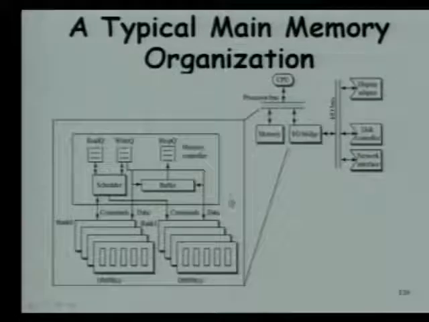And we had said that as far as a memory bank is concerned, it can have multiple outstanding requests, but as far as a single memory module is concerned, it does not, right, unless it is a Rambus DRAM.